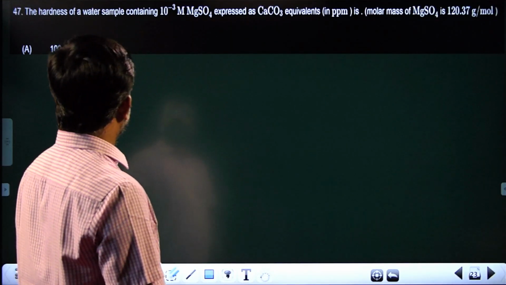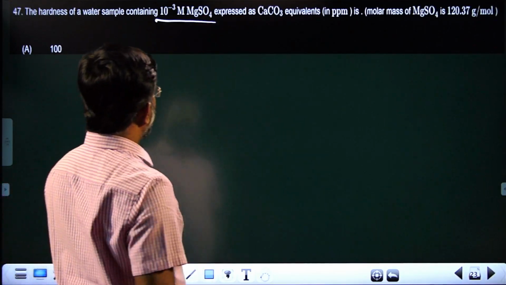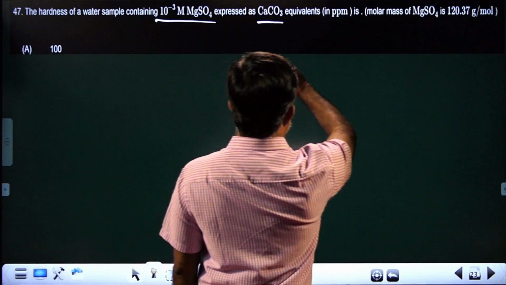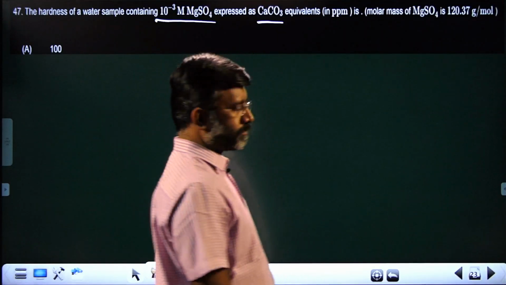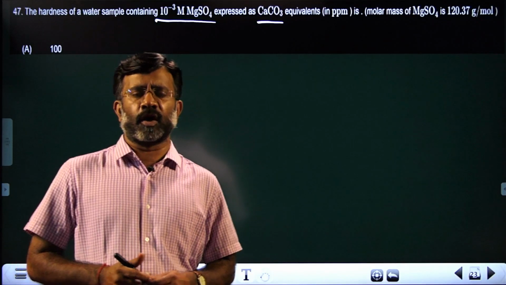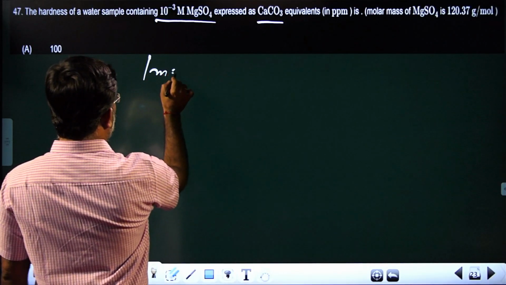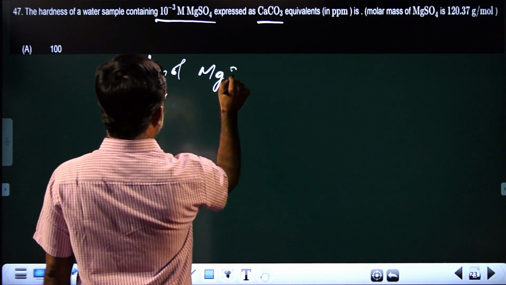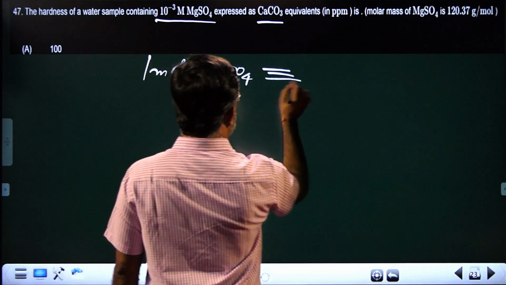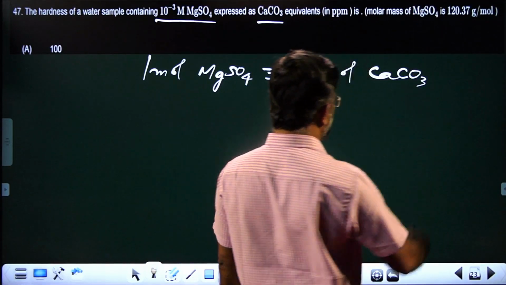Hardness of water sample containing 10 power minus 3 molar magnesium sulfate expressed as calcium carbonate equivalent ppm is. See, hardness is always referred in terms of calcium carbonate, right? The point is 1 mole magnesium sulfate is equivalent to 1 mole calcium carbonate. Both are divalent.